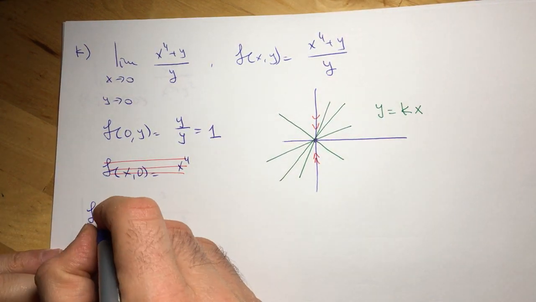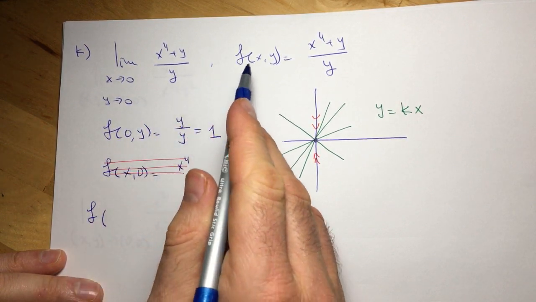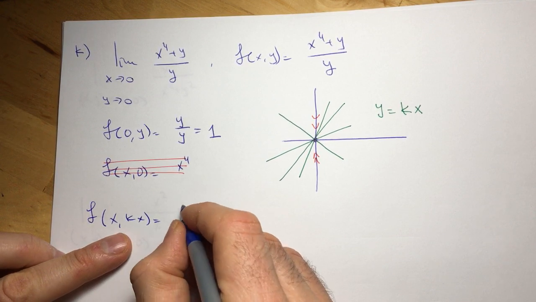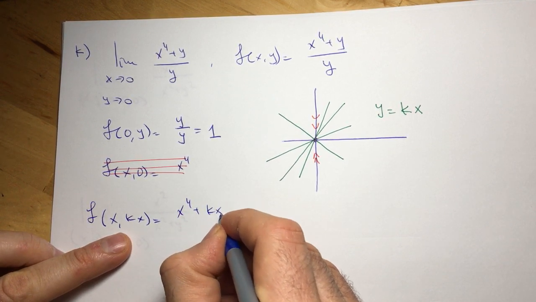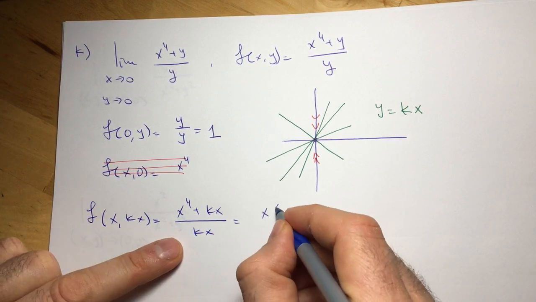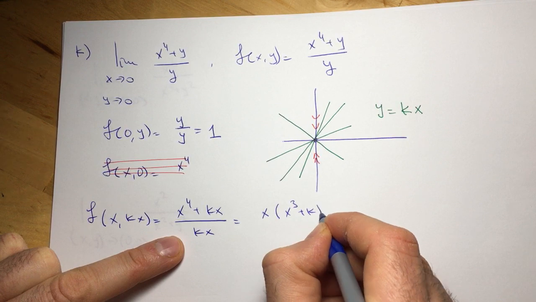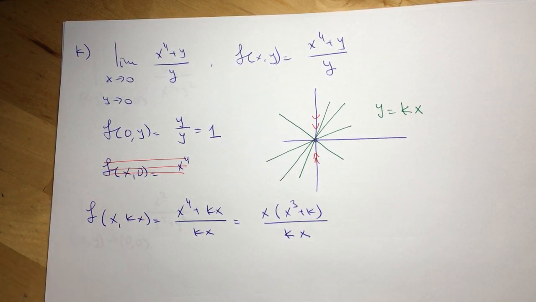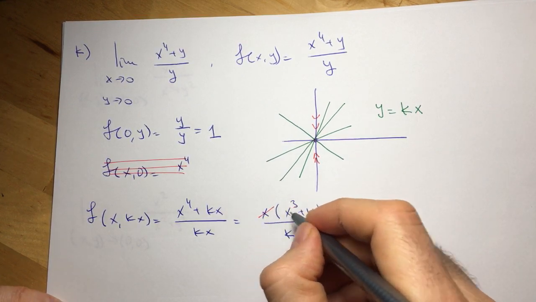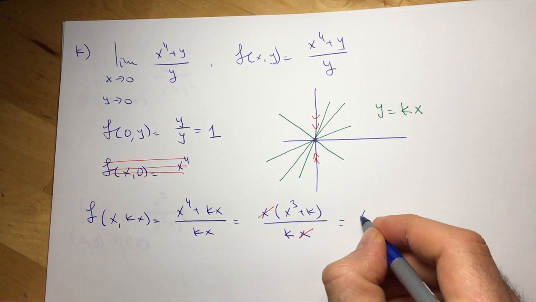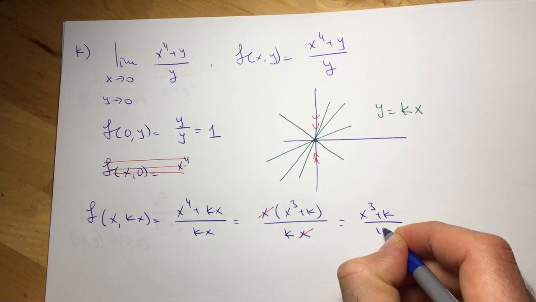So how much is going to be f of x, kx? Let's see, maybe we'll get something. That's x to the power of 4 plus kx over kx. That's equal to, factoring x, x times x cubed plus k over kx. Now we cancel this factor, and we're left with x cubed plus k over k.